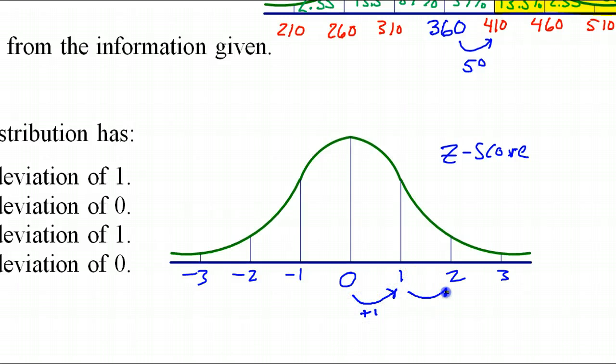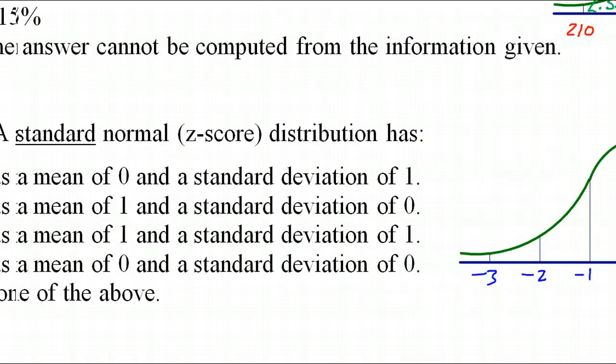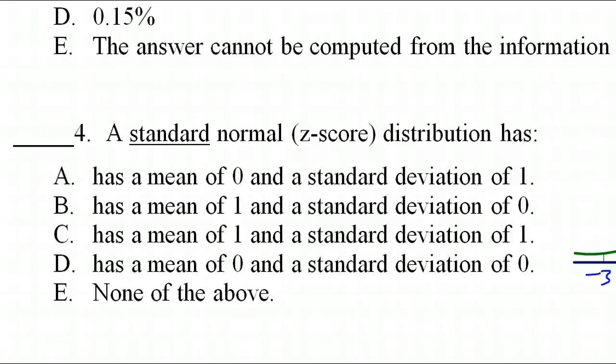So that means the standard deviation must be 1. And of course the mean is 0. So we're looking for that one. Mean of 0, standard deviation of 1. So yeah, the answer was A.